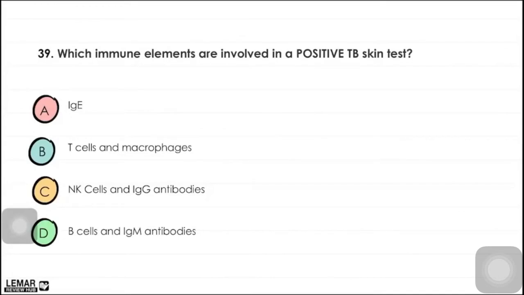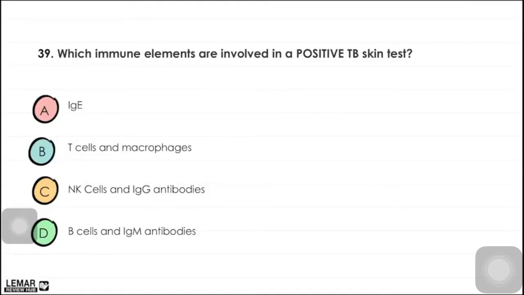Number 39. Which immune elements are involved in a positive TB skin test? Letter A, IgE. B, T cell and macrophage. C, NK cells and IgG antibodies. We have letter D, B cells and IgM antibodies.